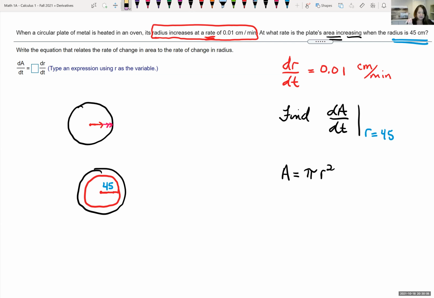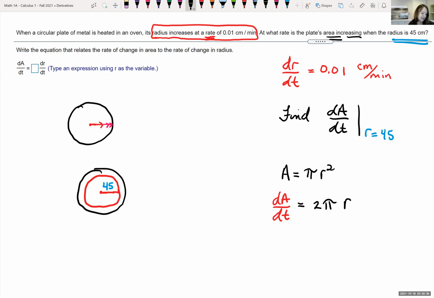If I take the derivative of A, that is 1 times dA dt. Is equal to, so if I take the derivative of pi r squared, r is in terms of t. So let's bring our 2 down front. So that would give us 2 pi r, subtract 1 from our exponent, so it's just 1, times the derivative of the inside.